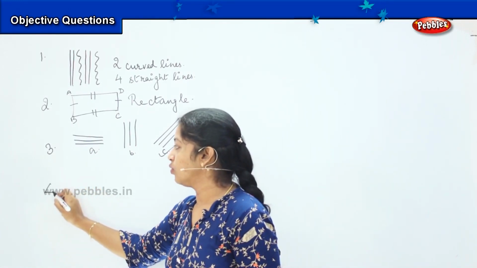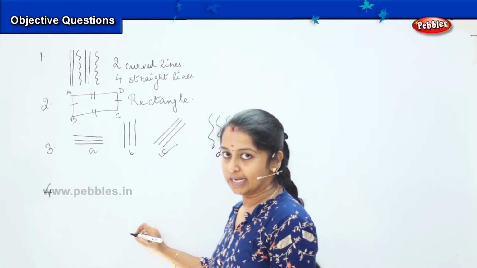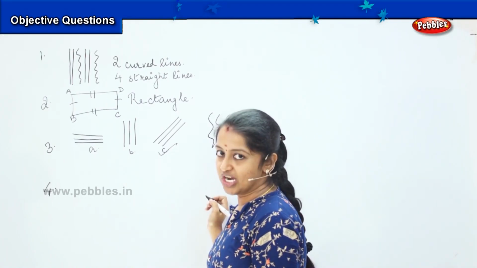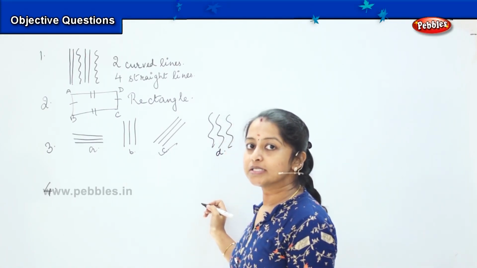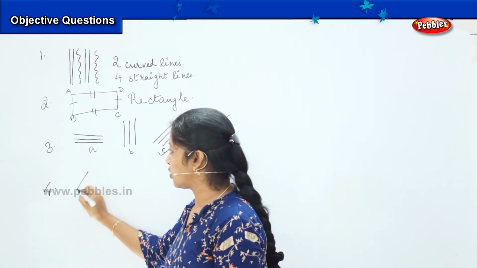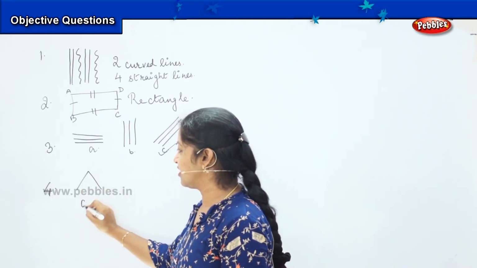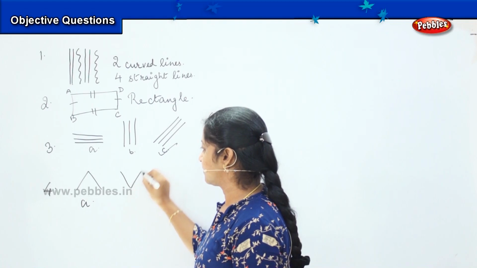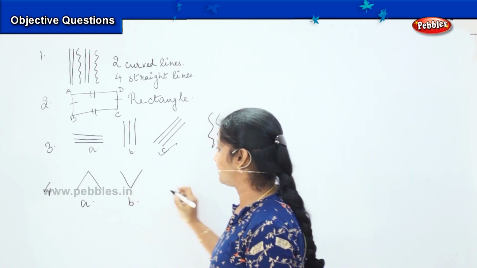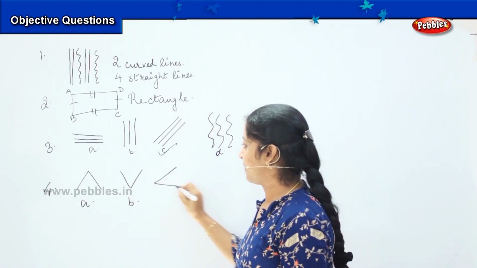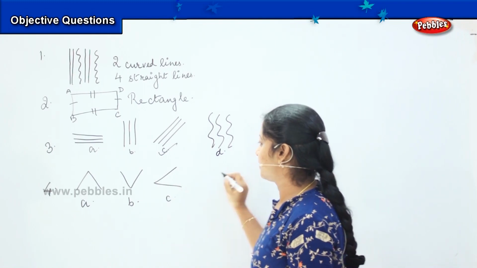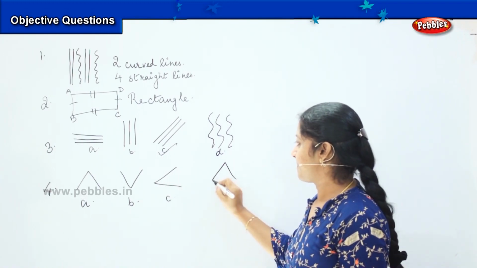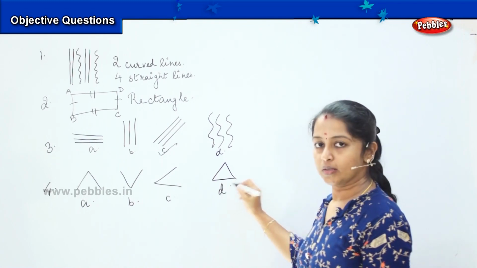Okay, fine. So, now you have to identify and tell me among the shapes which I draw, which is a triangle. Okay. So here goes your option. The first one, the second one, the third one, and the fourth one.